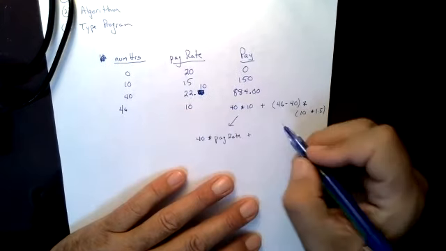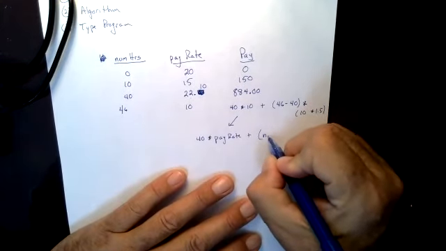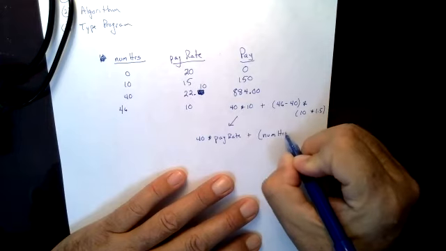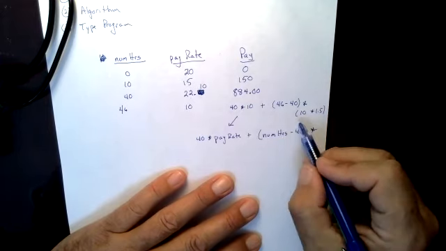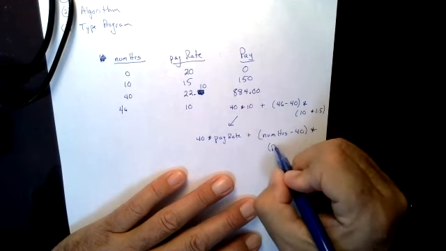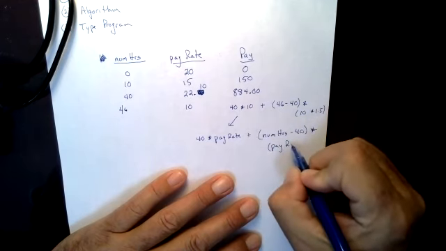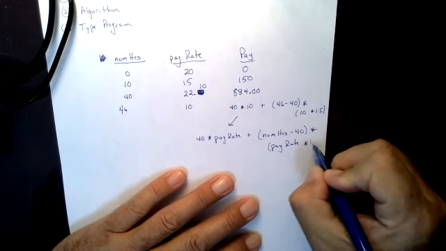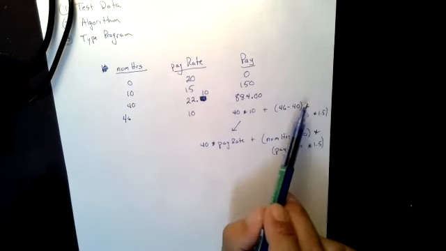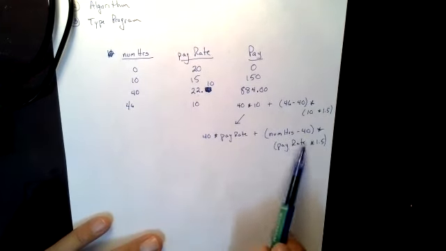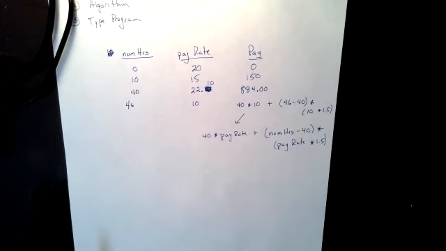That's my num hours. So over here, it's going to be num hours minus 40 times, where's my 10 coming from? Pay rate times 1.5. That's a big one. But writing it out, I'm now able to come up with a nice expression that I'm going to use in my code.